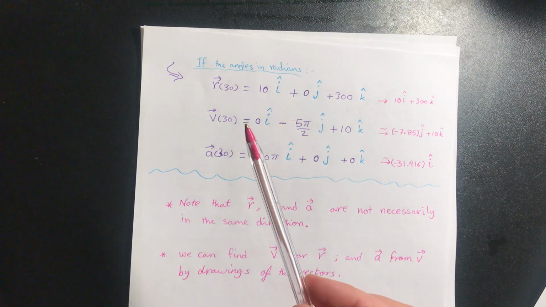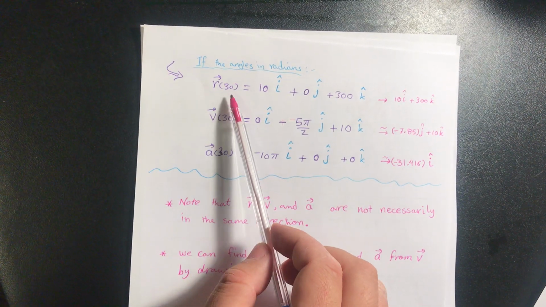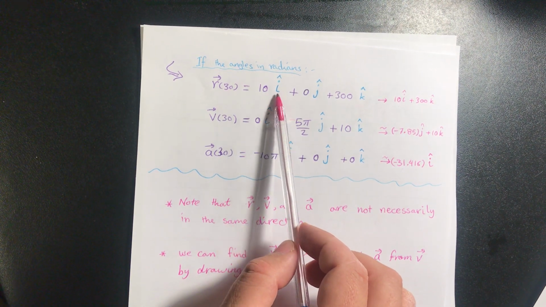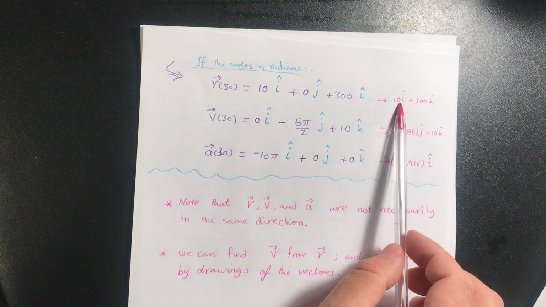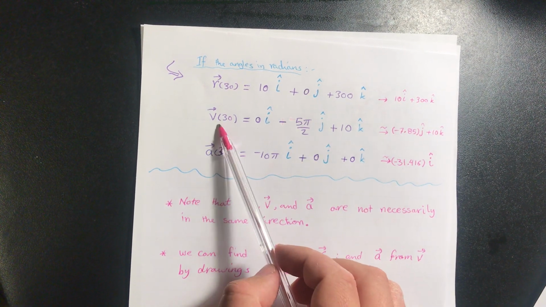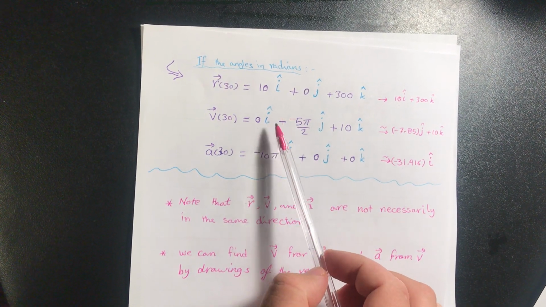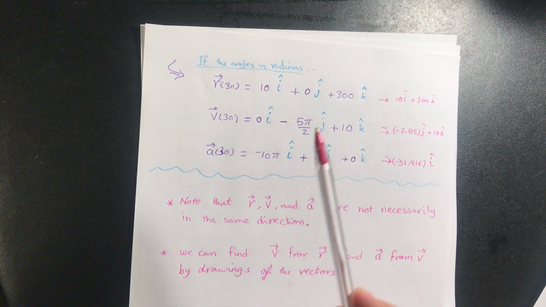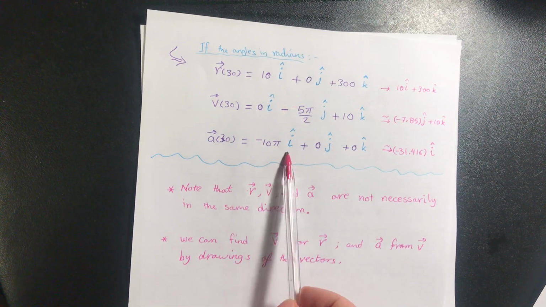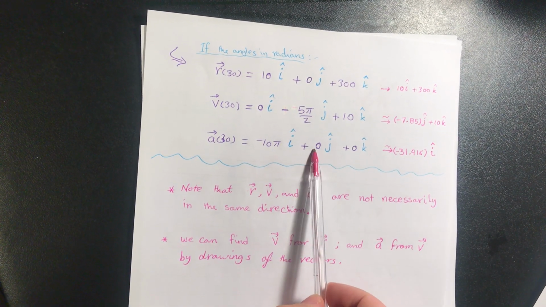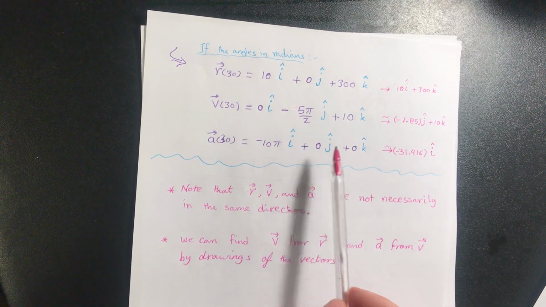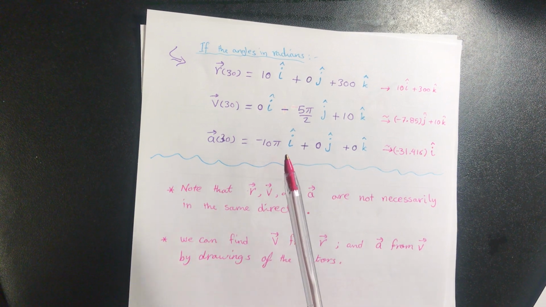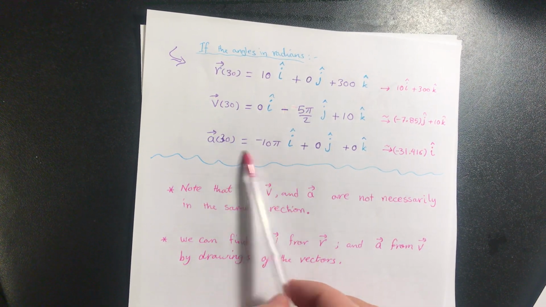The position at t equal 30 is equal to 10 i hat, 0 j hat, 300 k hat, and the velocity is 0 in the x direction, negative 5 pi over 2 in the j direction, and 10 in the k direction, in the z direction. And the acceleration is just in the x direction, and we have 0 and 0 in the y and z directions. So we have the acceleration just in one direction, the negative x direction.